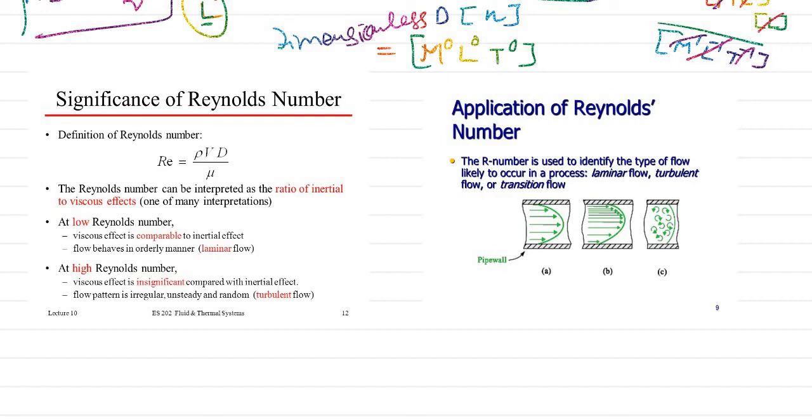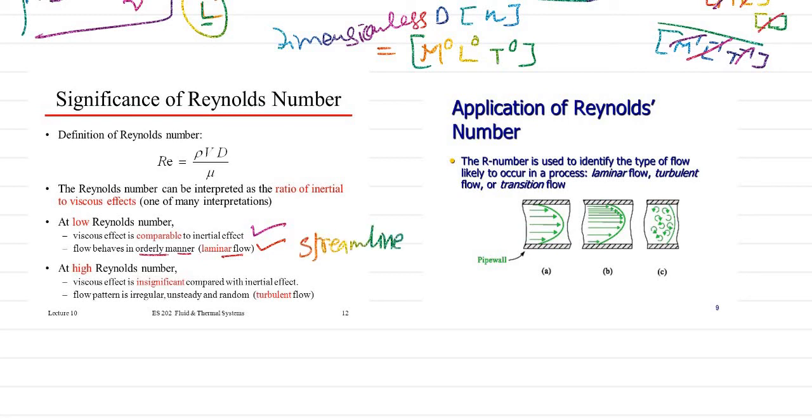If you have a liquid with low Reynolds number, then the viscous effect is comparable to the inertial effect, and the flow behaves in an orderly manner. So it has a laminar flow, or streamline flow.